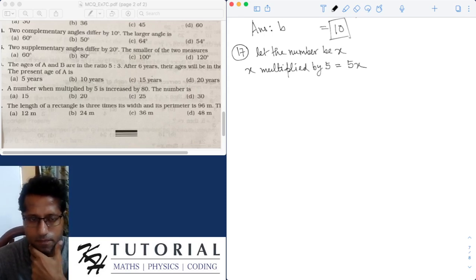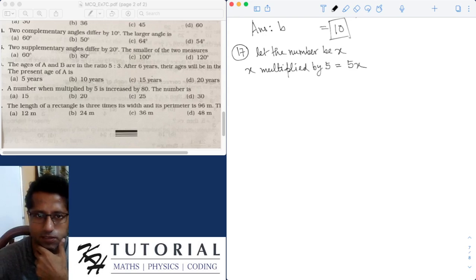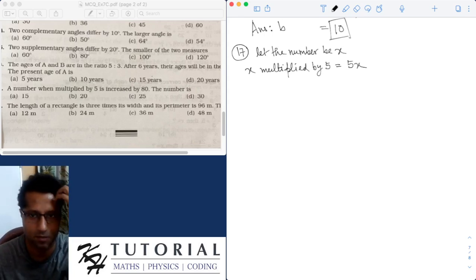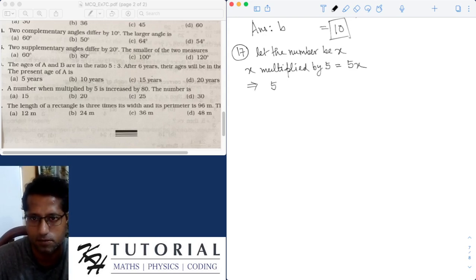The language says a number when multiplied by 5 is increased, meaning how much it becomes from the original one is increased by 80. So as per the statement, 5x is the number when multiplied by 5, and it is more than the original number by 80.